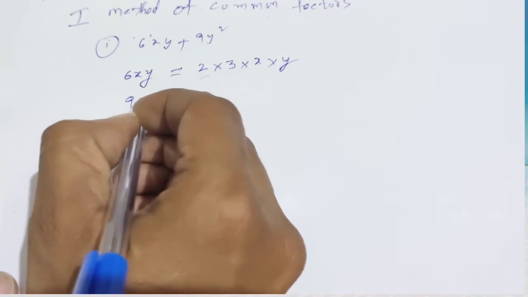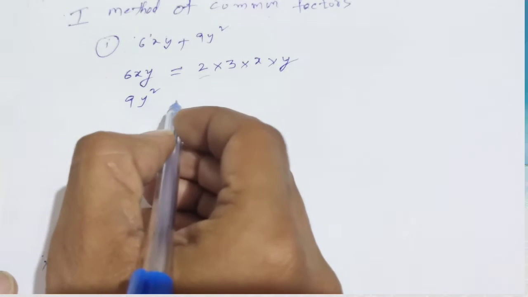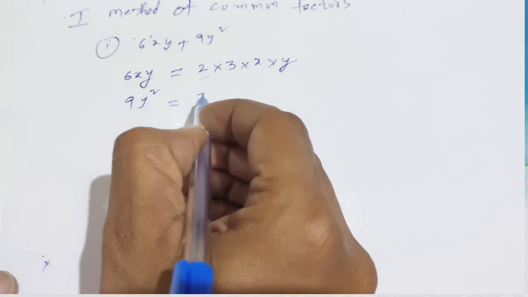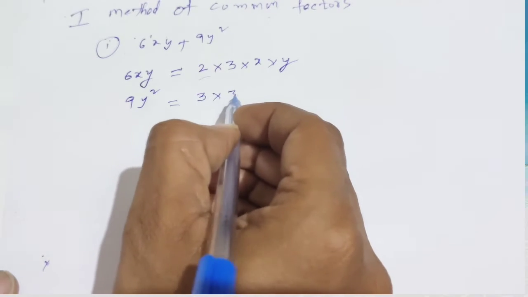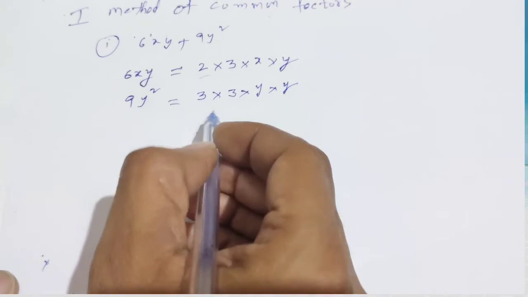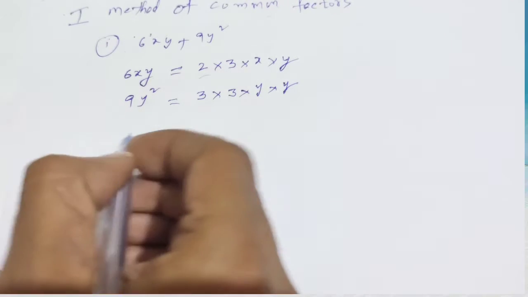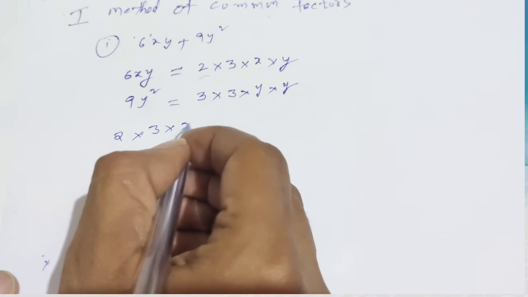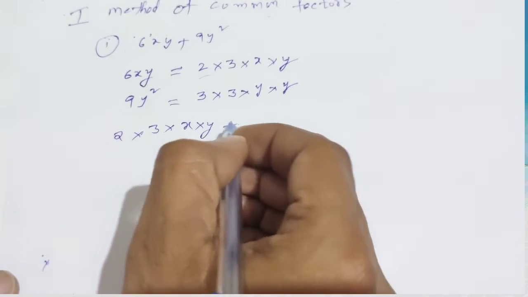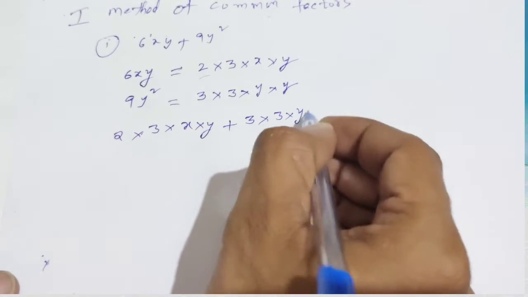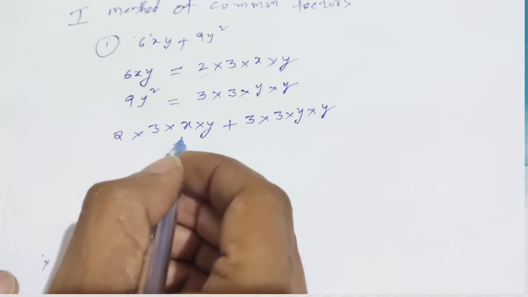Now the second term 9y square, we can write 9 as 3 into 3 and y square as y into y. Now combining these two terms: 2 into 3 into x into y plus 3 into 3 into y into y.